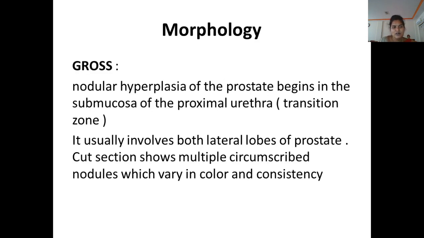Morphologically, how will it look? Nodular hyperplasia of the prostate begins in the submucosa of the proximal urethra, the transition zone. It starts in the submucosa and may extend up to the proximal urethra. It usually involves both the median and lateral lobes.